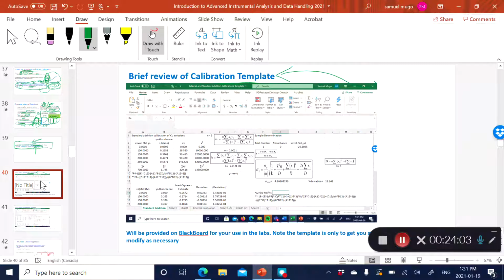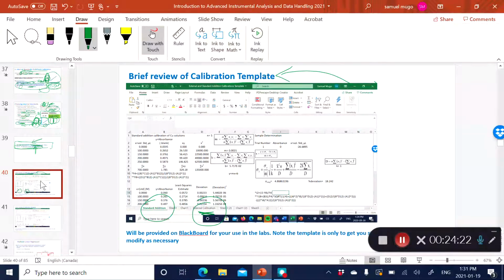And it's got, say, the standard addition calibration method, it's got the external standard calibration method. And remember, as I've told you, the internal standard method is exactly the same as the external calibration method.